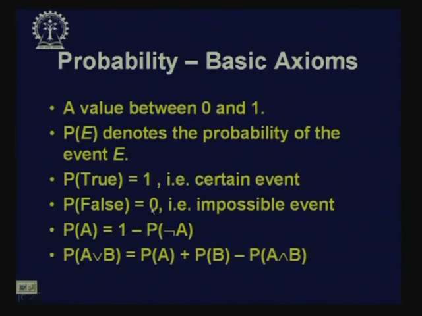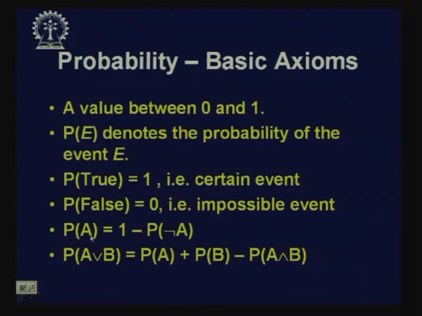Similarly, P false is 0, that is it is an impossible event. Okay. The probability of A occurring is equal to 1 minus probability of not A occurring. All right. Since the total space is 1, then obviously the probability of A occurring must be 1 minus this.